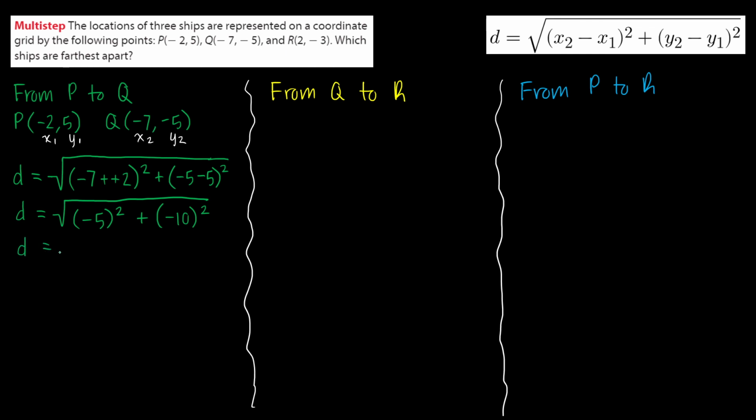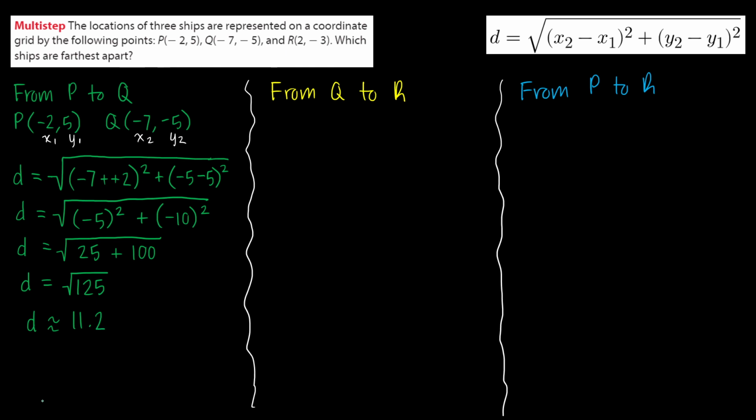So for D, distance is equal to, now we're going to evaluate our exponents. -5 times itself will be +25, plus -10 times itself is +100. So adding those terms together, D is equal to the square root of 125, which is approximately, to the nearest tenth, 11.2 units.